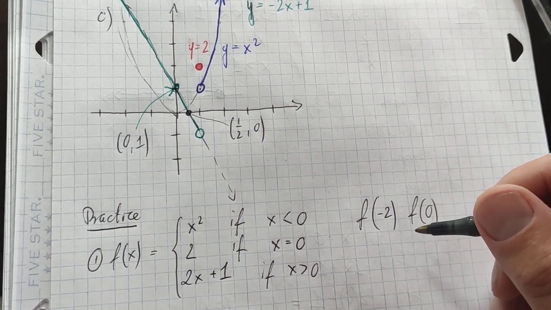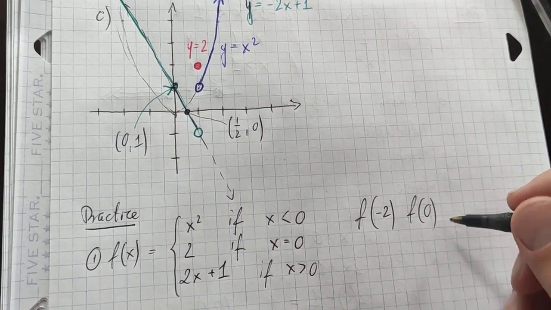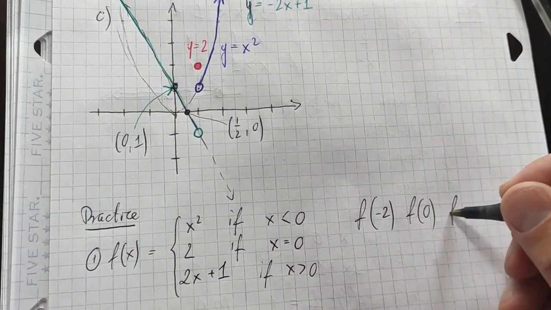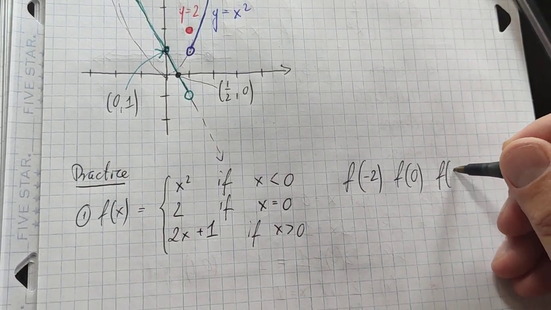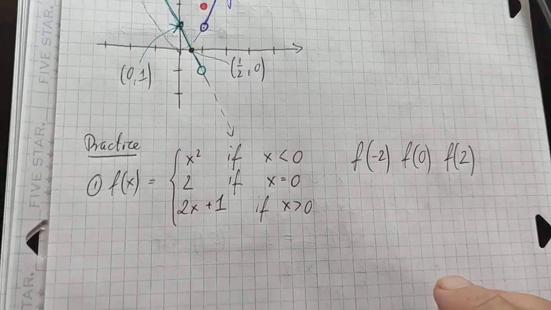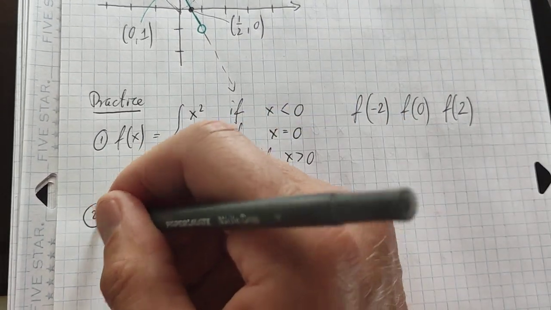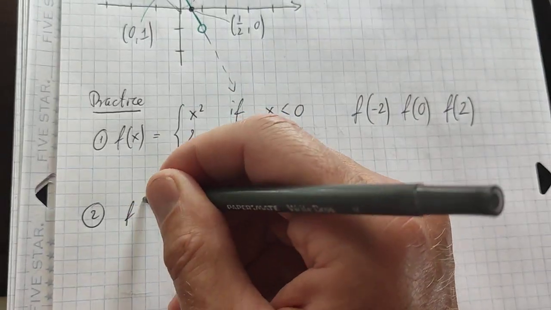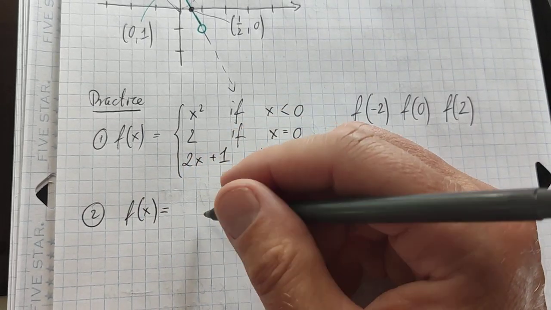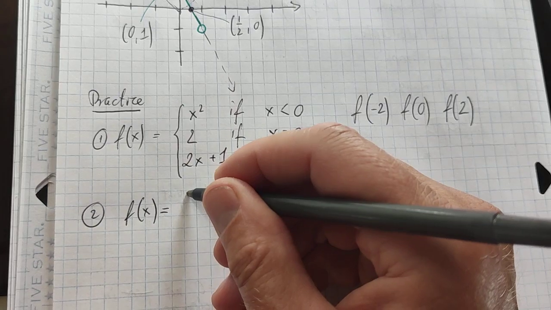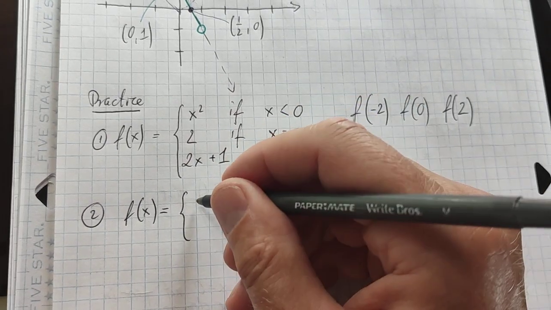So the same numbers as in our first example. So f of -2, f of 0, and f of 2. Okay, the second one is f of x. And here I have just two functions.